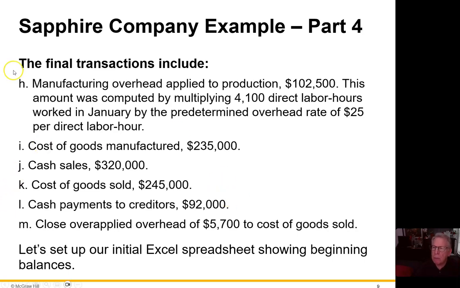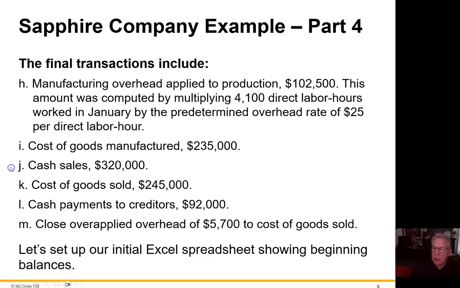For Hotel, manufacturing overhead applied to production was $102,500. That amount was computed by multiplying 4,100 direct labor hours actually worked in January by the predetermined overhead rate of $25 per direct labor hour. For India, cost of goods manufactured was $235,000.